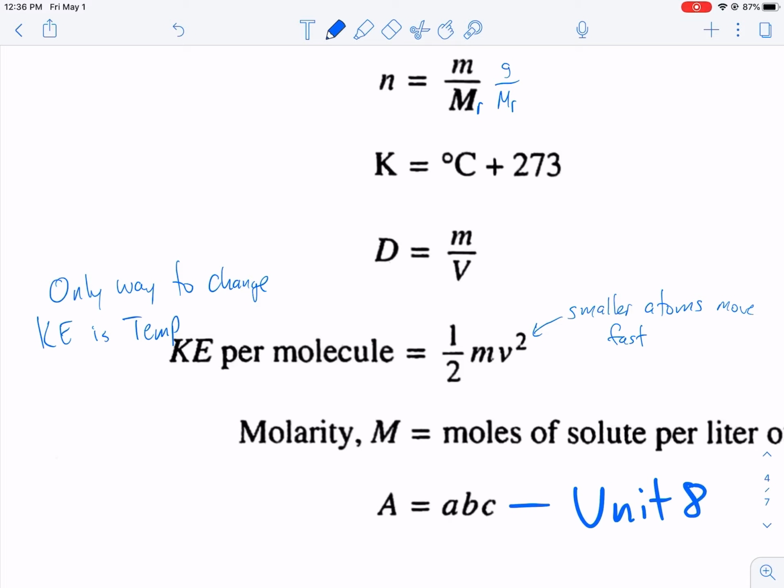So if you decrease the mass of an atom, the kinetic energy is constant. So if you decrease the mass, in order for this value to stay the same, this value has to get bigger, right? So that's what this equation is really telling us. Don't interpret this as changing the mass changes the kinetic energy. It's all back to temperature for this.